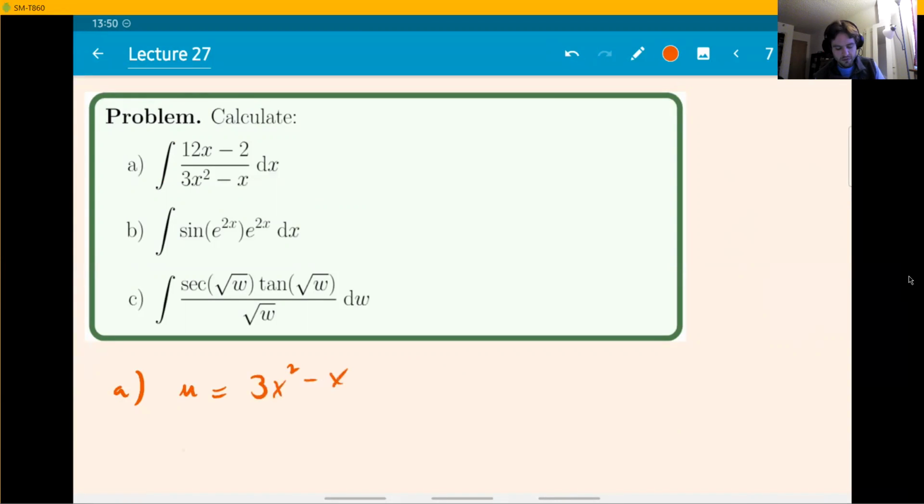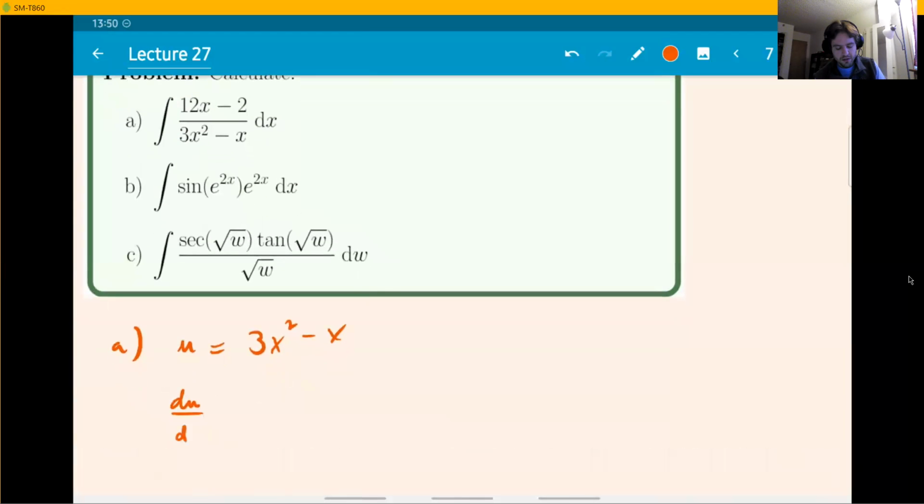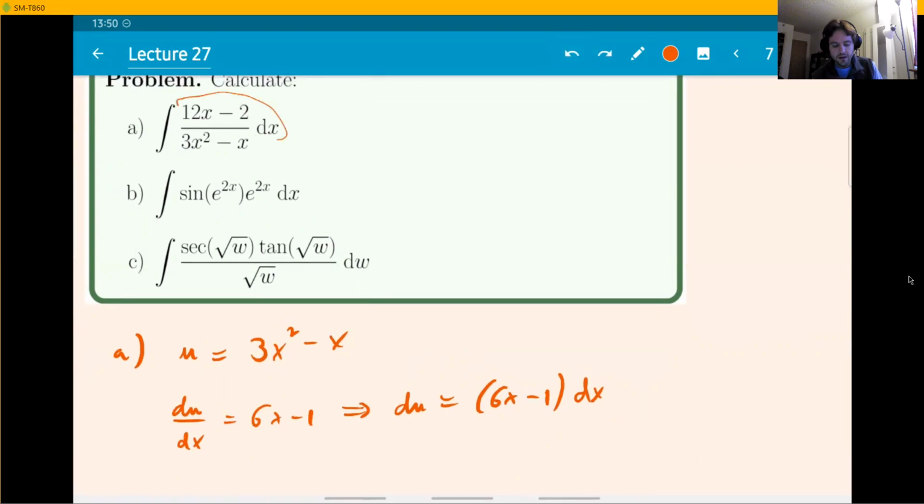What is du? du dx is 6x minus 1, so du is just multiply the whole thing by dx: 6x minus 1 dx. Do we see that expression in the original integral? Kinda, it's just multiplied by 2, right? 6x minus 1 times 2 is 12x minus 2. So this is an indication that the u sub rule will work.